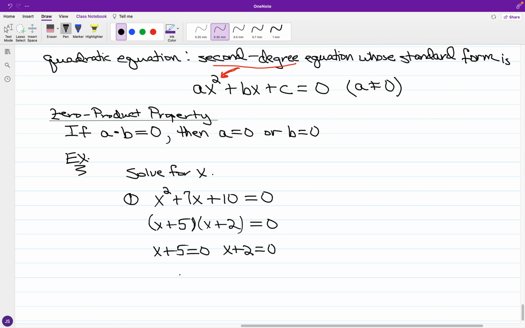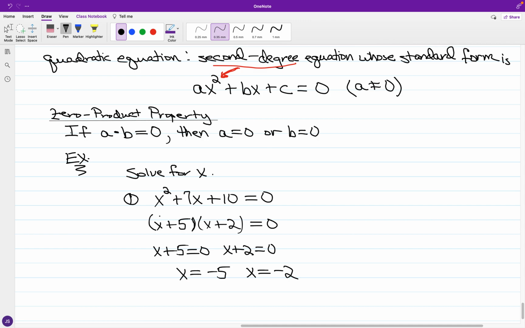If x plus 5 is equal to 0, we have that x is equal to -5. And if, on the other hand, x plus 2 is equal to 0, we have that x is equal to -2.